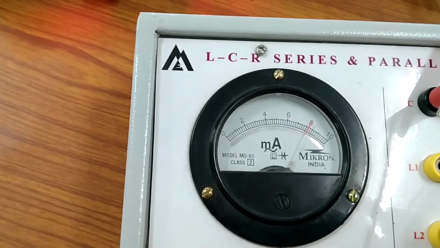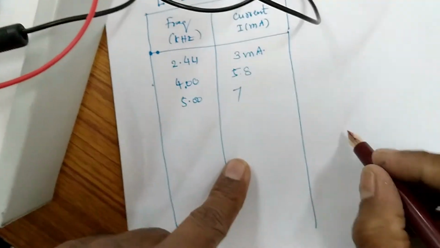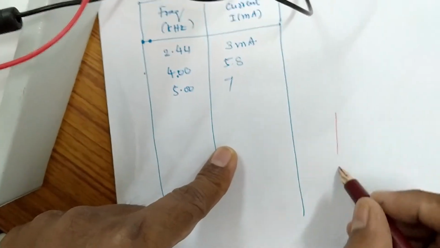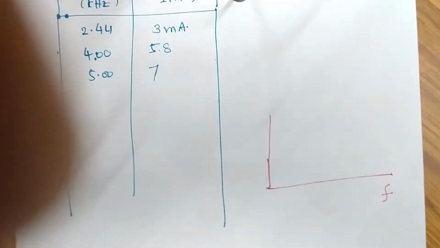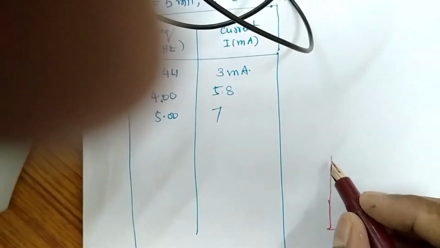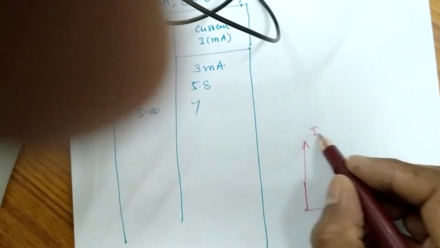Let me draw the graph: frequency on this axis and current I on this axis.